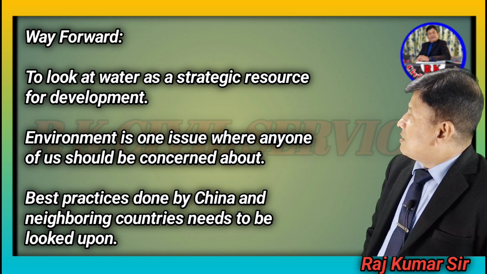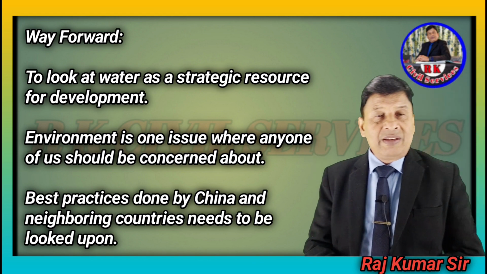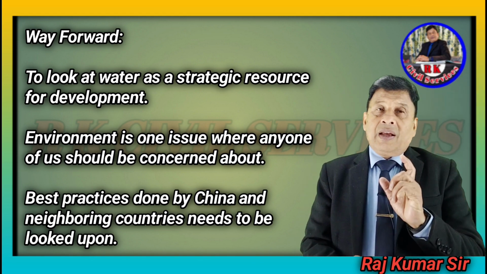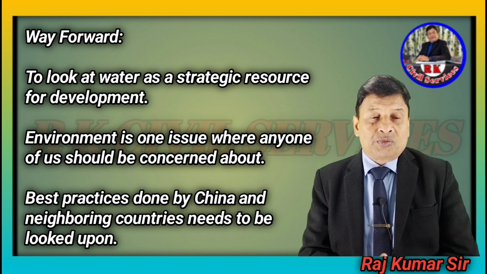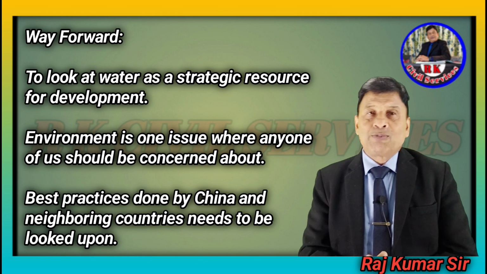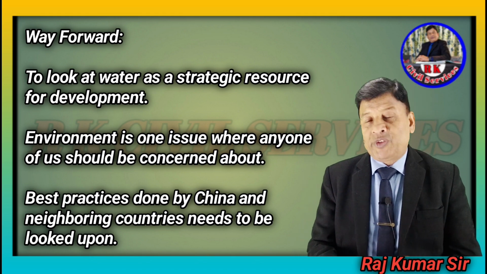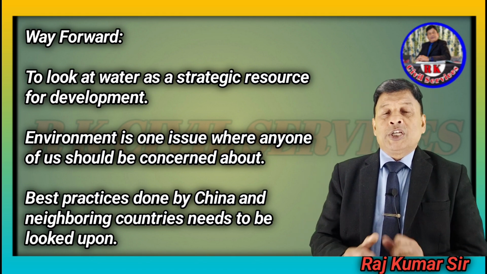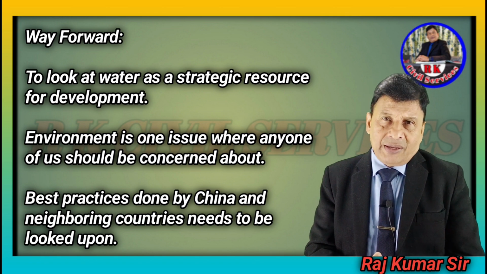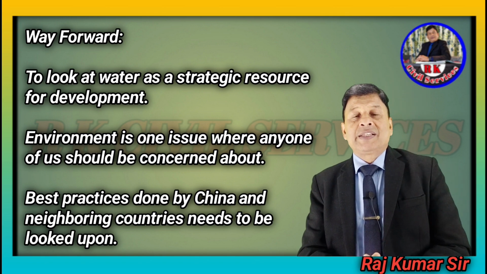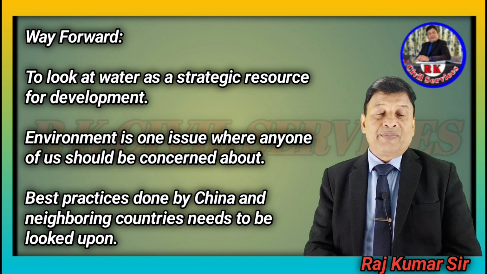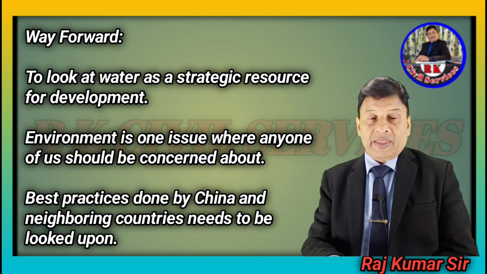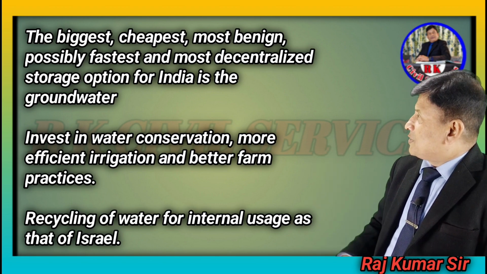Now, let us see the way forward, right? To look at water as a strategic resource for development. Next point, environment is one issue where any one of us should be concerned. Best practices done by China and neighboring countries need to be looked upon. More facts.